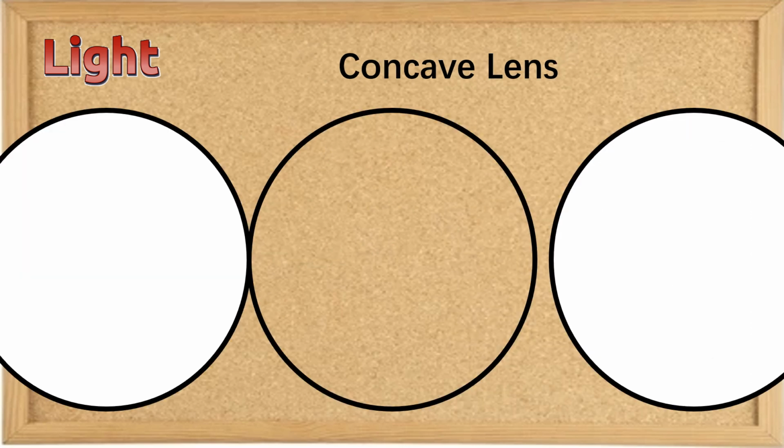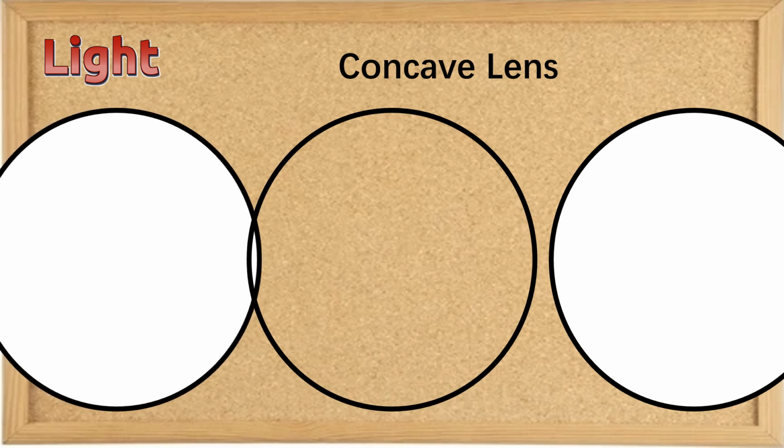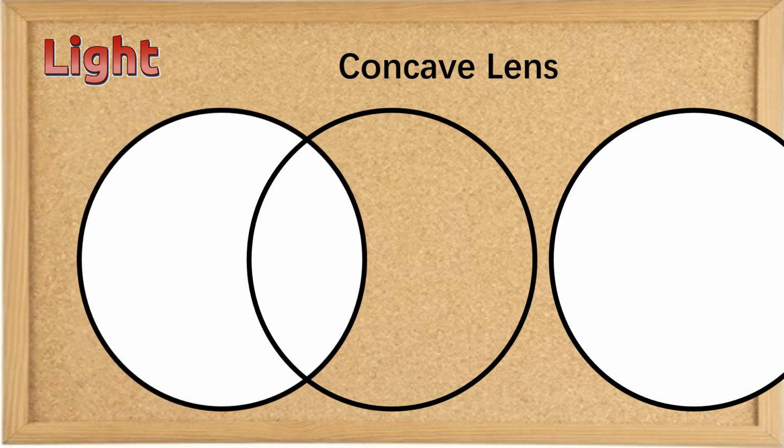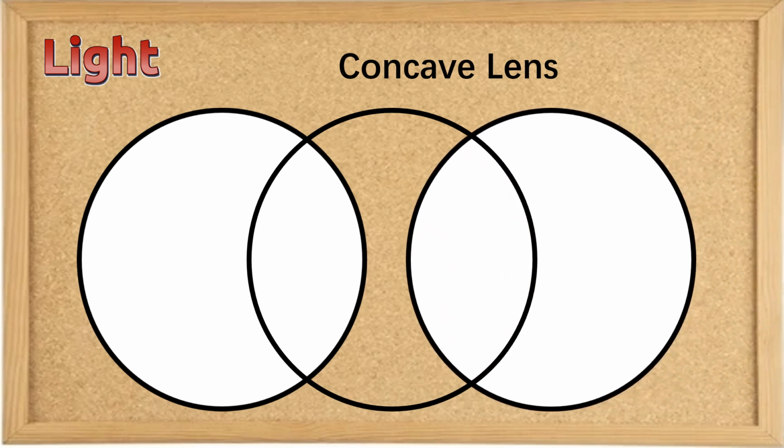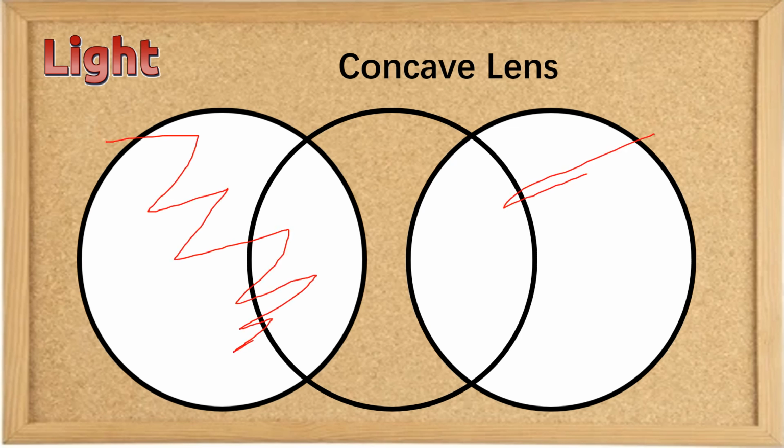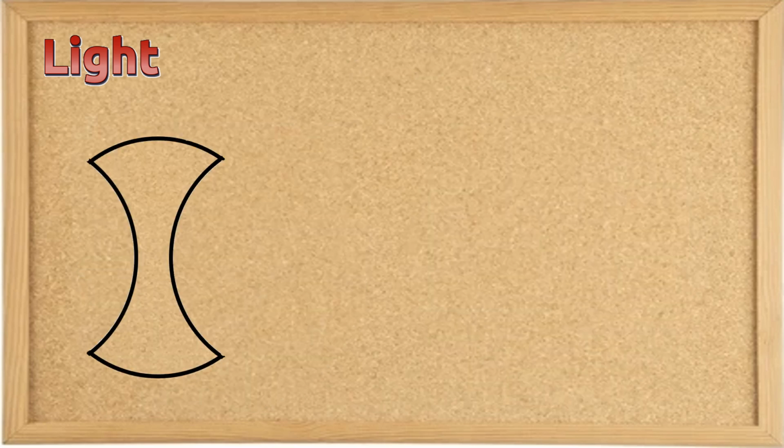In your concave lens, I have here 3 glasses or 3 plastic pieces, and then we combine them just like this animation. And then the manufacturer will be cutting this so that you will have your concave lens, just like this picture.